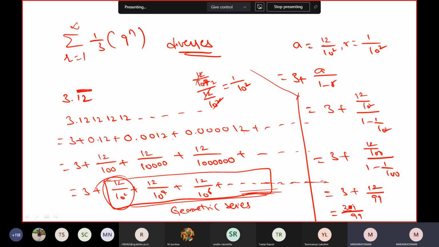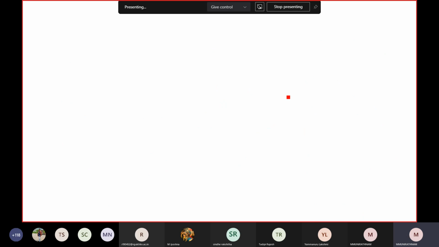So, have you written it down? The same way you can try 0.13 bar, 2.1 bar, 3.233 bar, 234 bar, 5.123 bar.